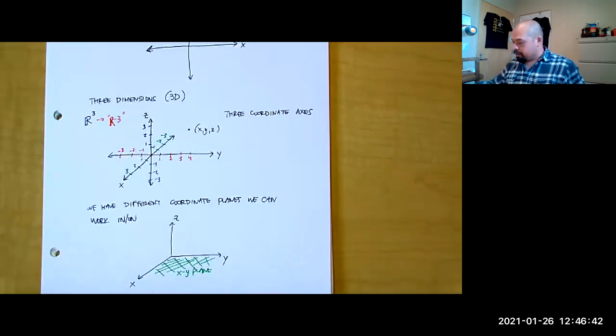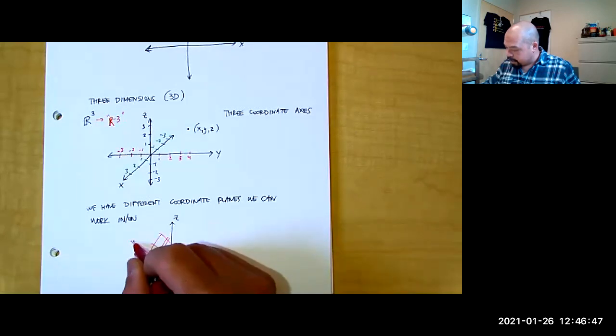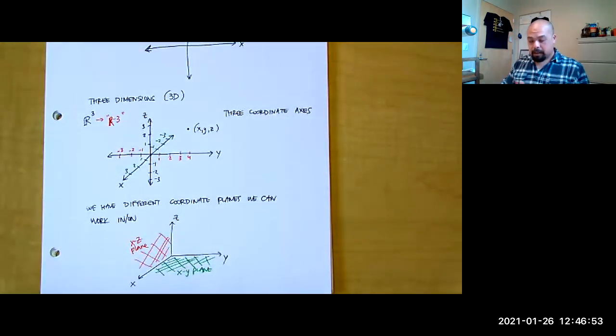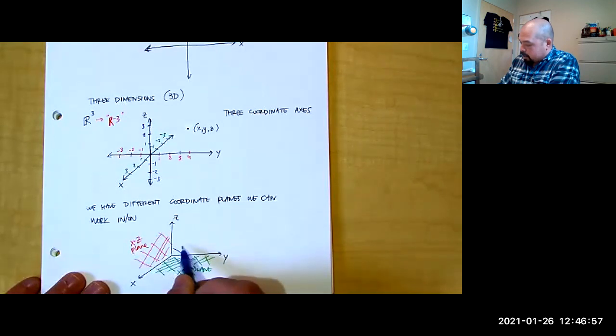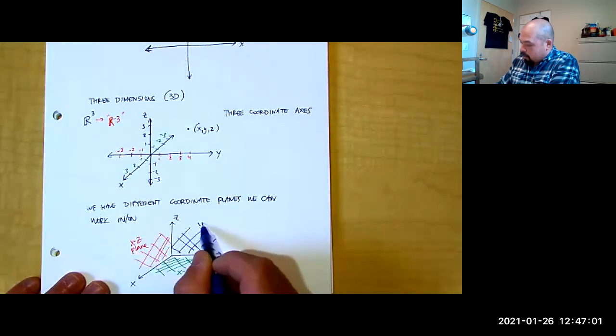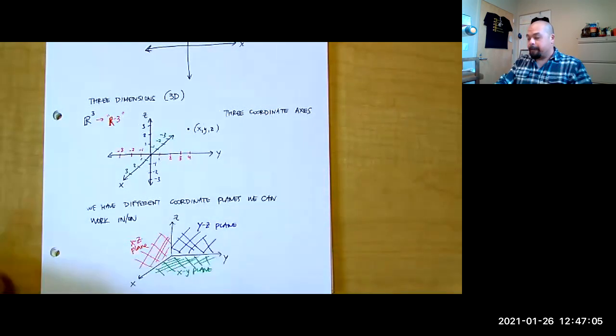Then we have over here the xz-plane, where x and z start to separate. And then finally, this kind of back wall, I called it the yz-plane, just going in alphabetical order in terms of my labeling.